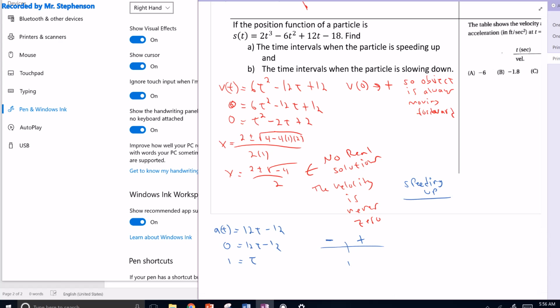Because acceleration is negative and velocity is positive. So anything left of 1, so when t is less than 1, the signs are different and it's slowing down. And anything right of 1, greater than 1, the velocity is always positive, and at that point the acceleration is positive. Well, so it would be speeding up.